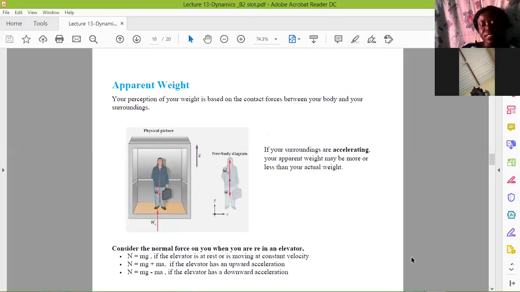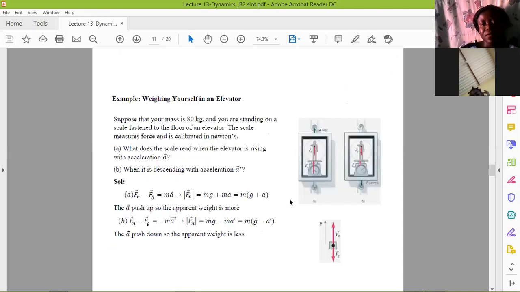Okay, so this is the same example that we have. Just by plugging in those numbers, you will see the value. It's exactly the same as what we were doing.